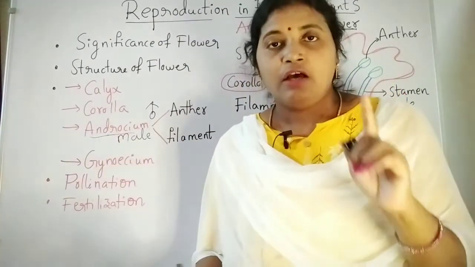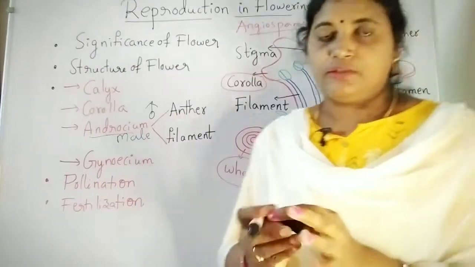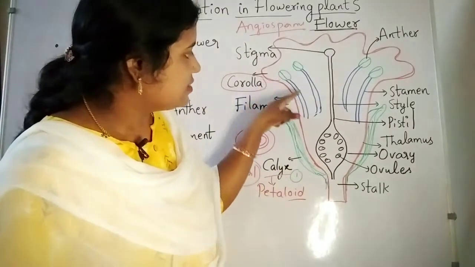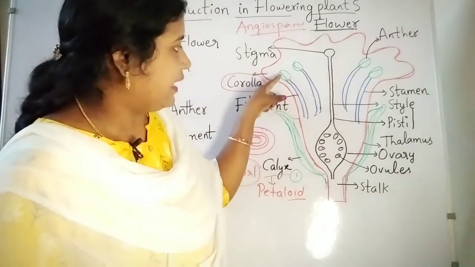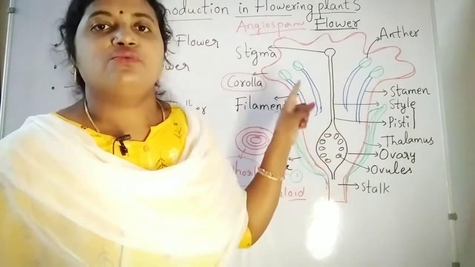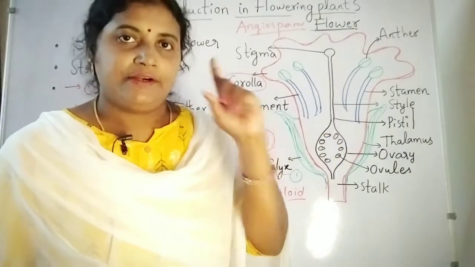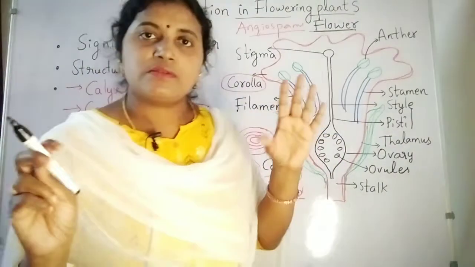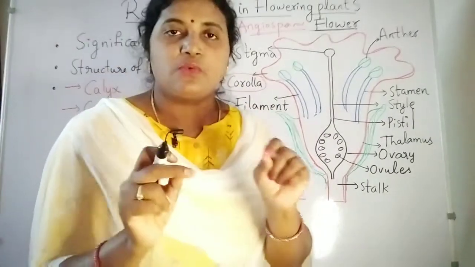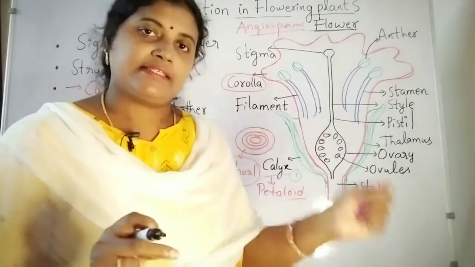See the flower here. What is the androecium? This entire structure with anther and filament together is known as stamen. Stamen is also known as androecium. What parts are present in the stamen?